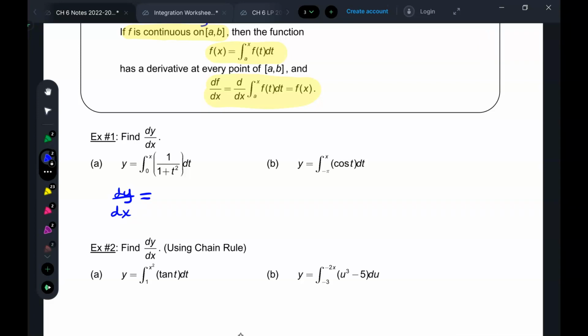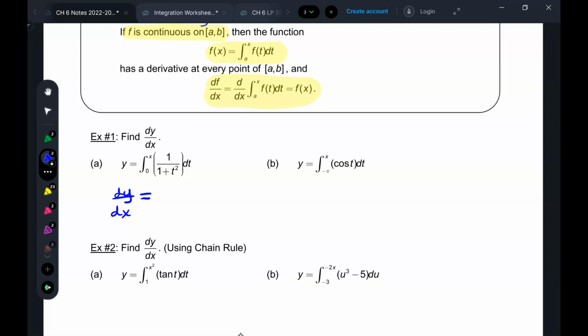Now notice my lower limit of integration was a. A is just a constant in this case. The upper limit of integration had an x. And notice this was f of t dt, and it became f of x. So basically we're replacing whatever variable is here with the variable that we have at the top.